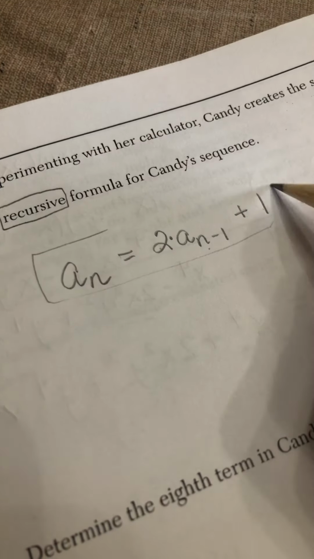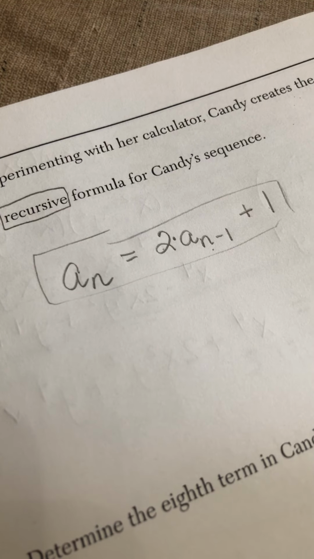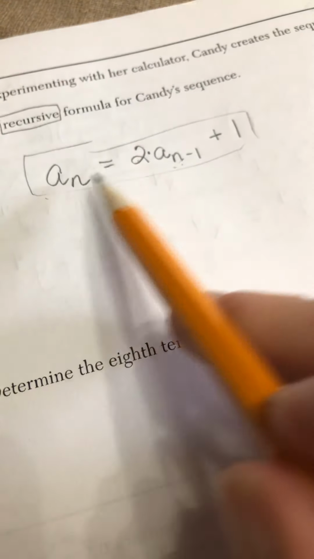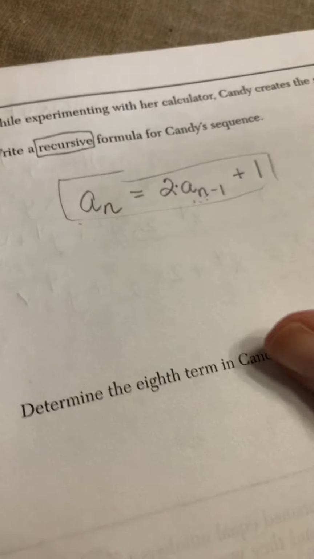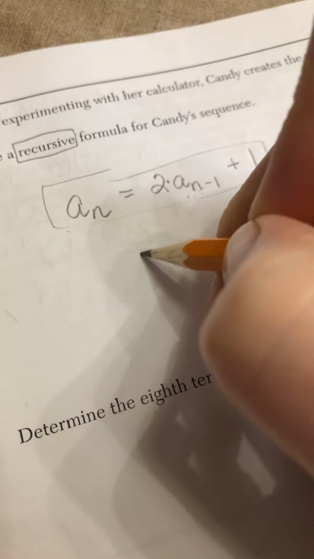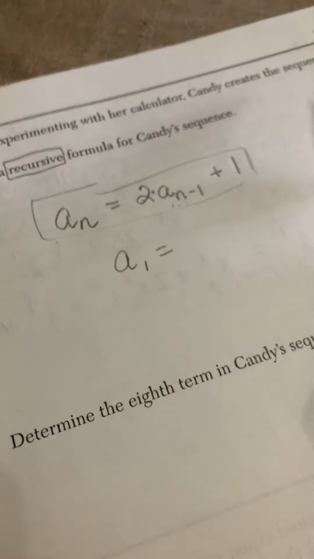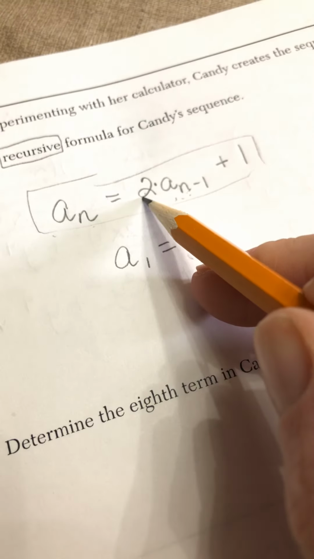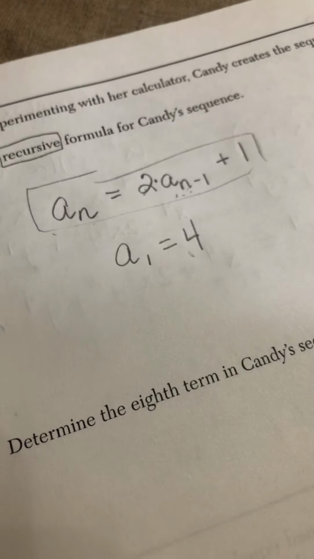This is a recursive formula. This notation is important. In recursive, I have to have one other thing: I have to tell you where to start. The first number in the pattern is 4. If I don't tell you where to start, what are you going to multiply by 2 and then add 1 to? You don't know.